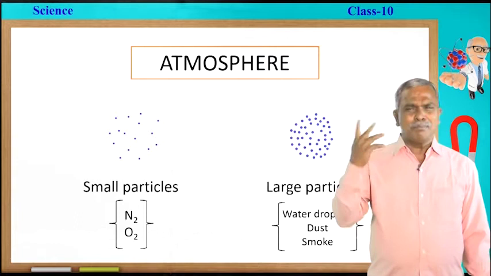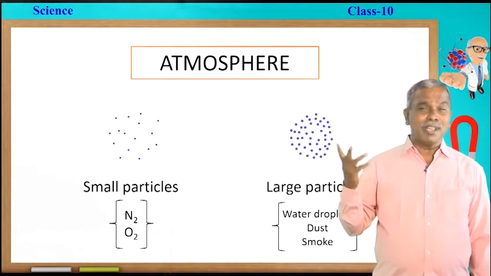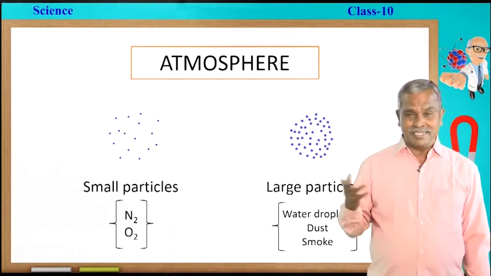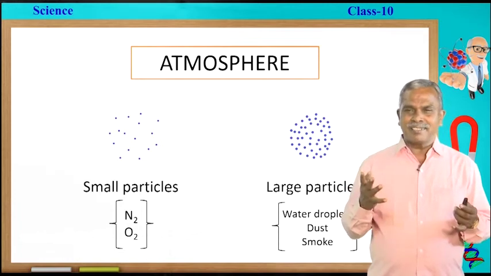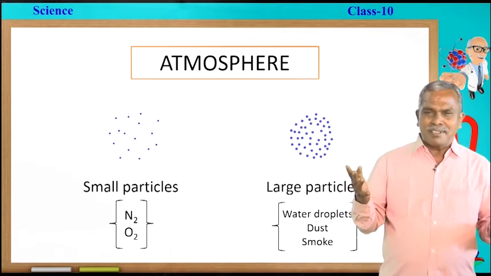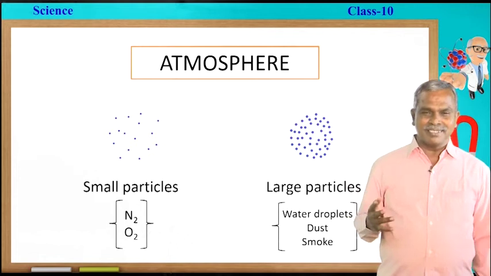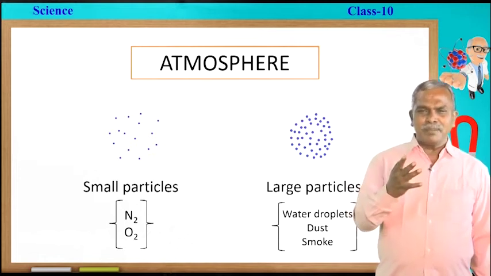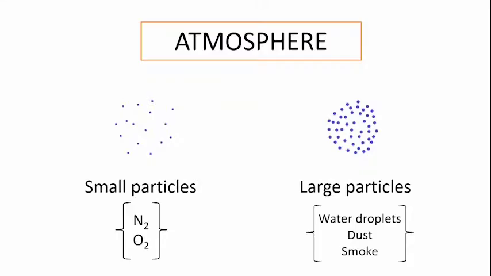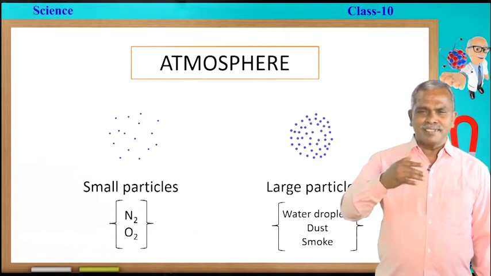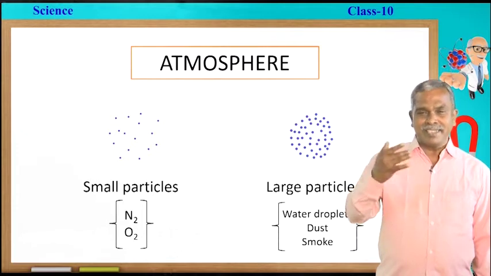Normally, we know atmosphere is a thin blanket of air which surrounds the earth. Atmosphere is composed of small particles as well as large particles. The small particles means the air molecules such as nitrogen, oxygen and several traces of gases.